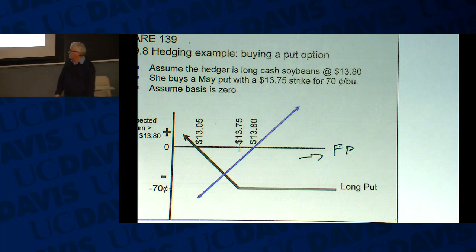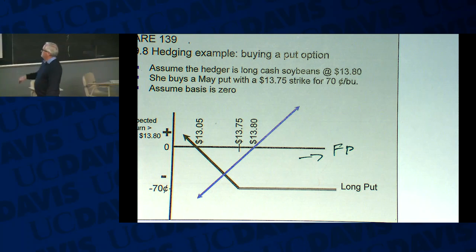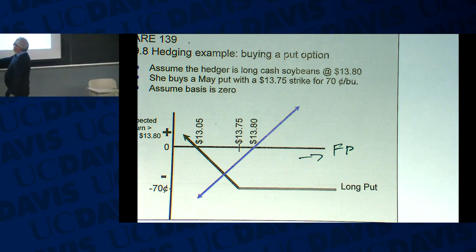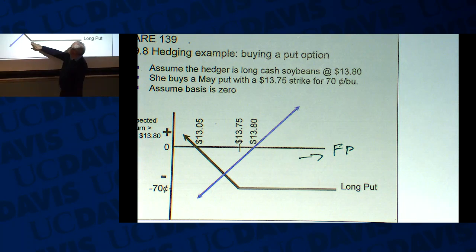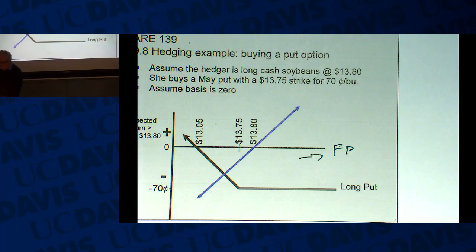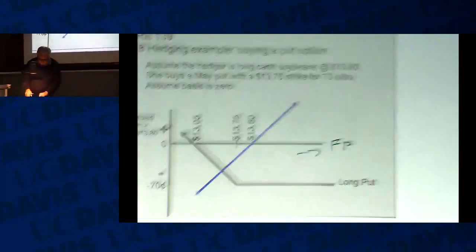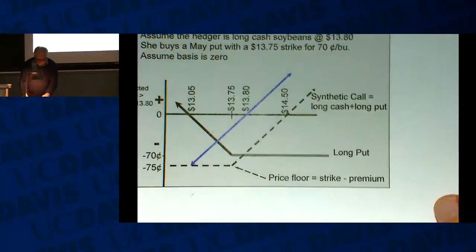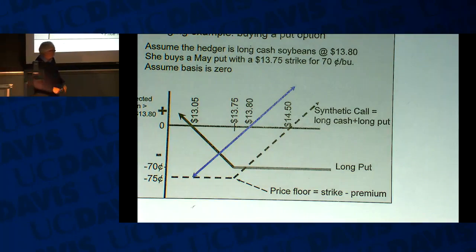It's worth less. She buys a put option. Here's the strike price, 13.75. To the left, we've got two diverging 45-degree lines, which gives you a flat spot, and to the right, it's going to be upward sloping. This is what we looked at a few minutes ago.